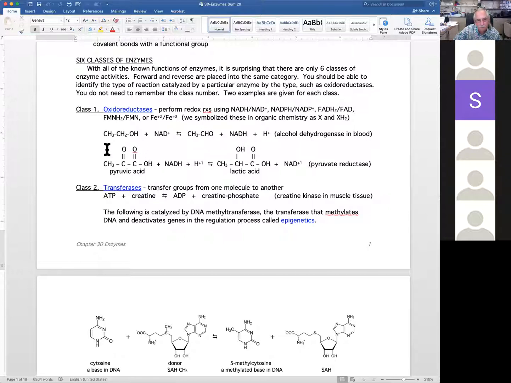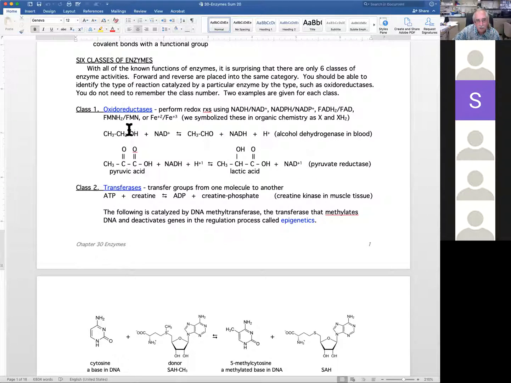So the difference between pyruvate and lactic acid is what? Oh, that alpha keto group right there got reduced into an alcohol. If I reduce a ketone, I get a secondary alcohol.